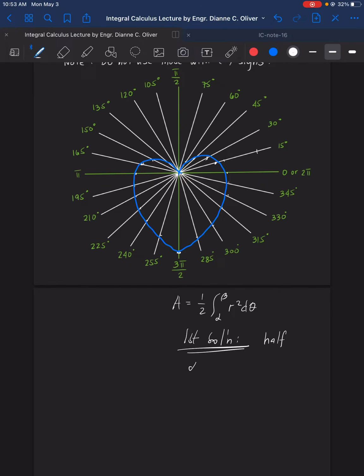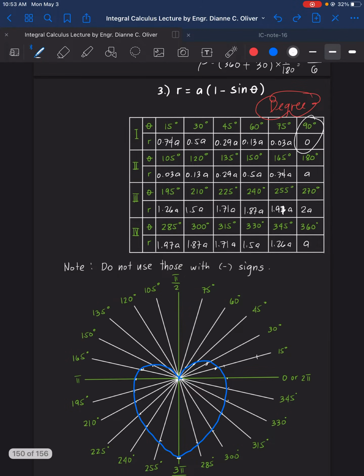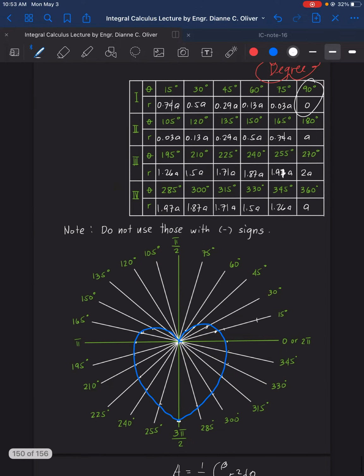So alpha, I'm going to take this half here, where it closes at 90. Then another boundary is at 270. 270 is here, 2a.